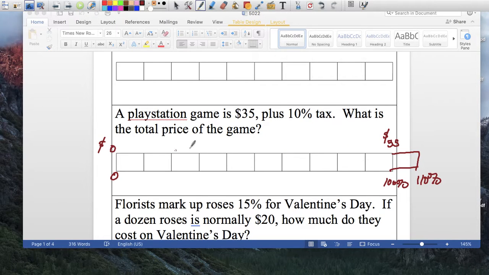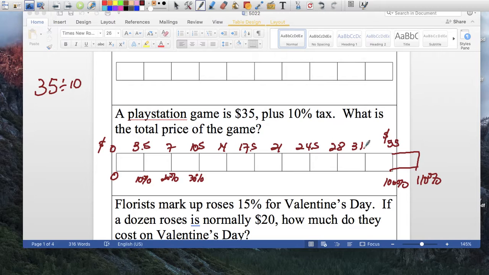So you need to figure out how much each 10% means. So this is 10%, 20%, 30%, 40%, etc. So 35 divided by 10 means that this is 3.5, 7, 10.5, 14, 17.5, 21, 24.5, 28, 31.5, right?